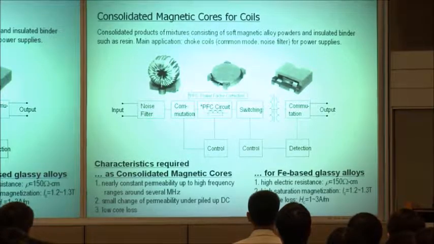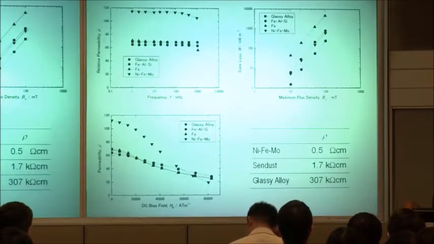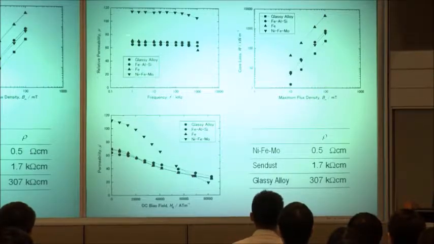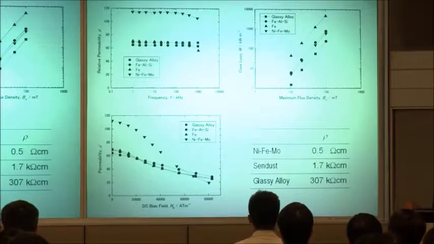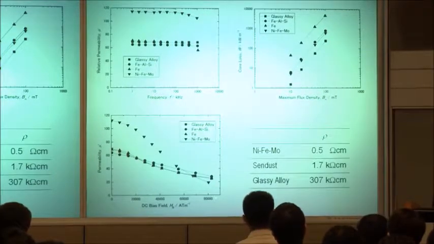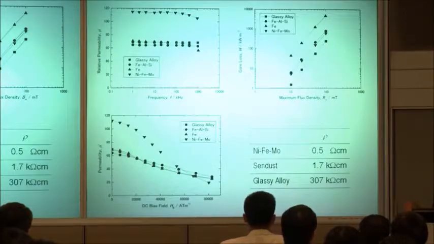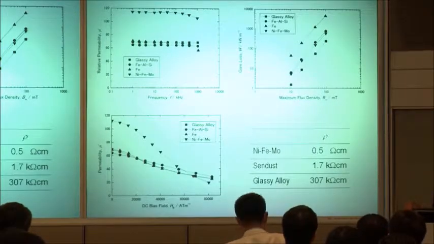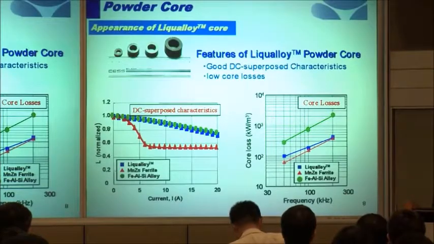We can get this kind of magnetic coil. This coil shows nearly constant relative permeability in a wide frequency range, a good linear relation between permeability and applied current, and very much lower core losses as compared with other soft magnetic materials.